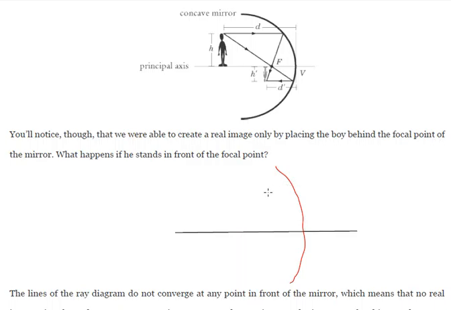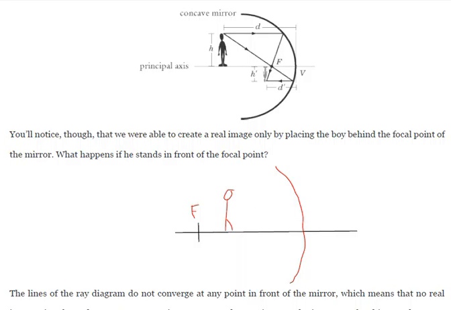Alright, so let's say our focal point is right here. Okay, that's a pencil. Here we go. Alright, focal point right here. And then we'll get our boy in here. Alright, so he is inside the focal point.